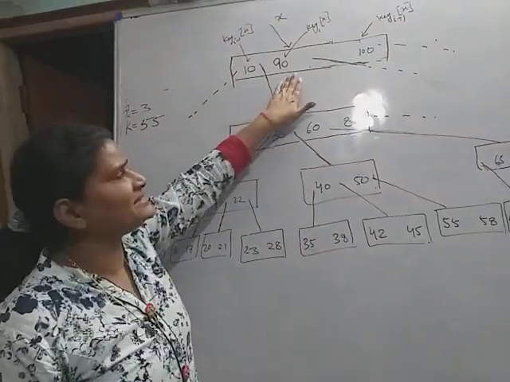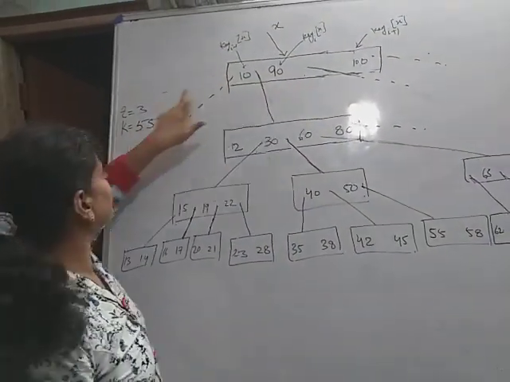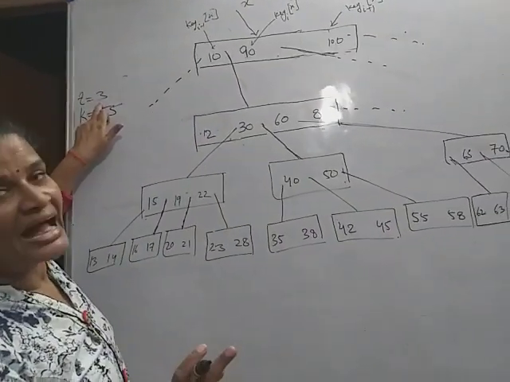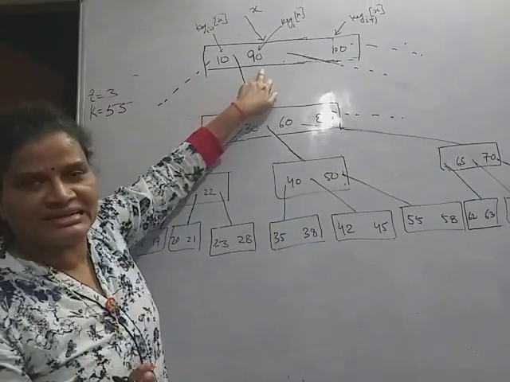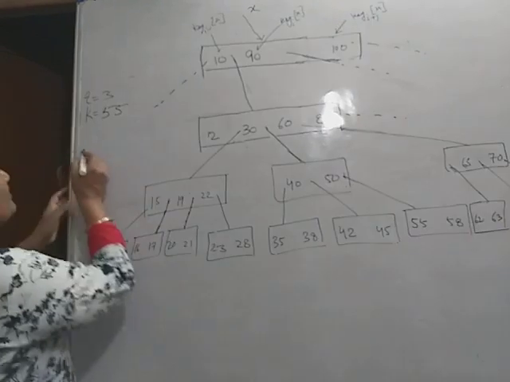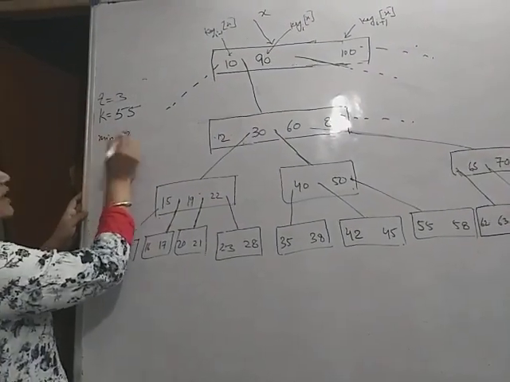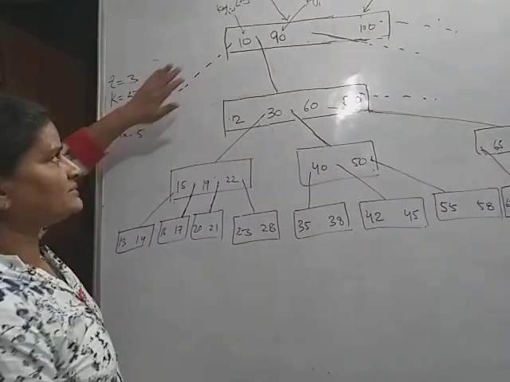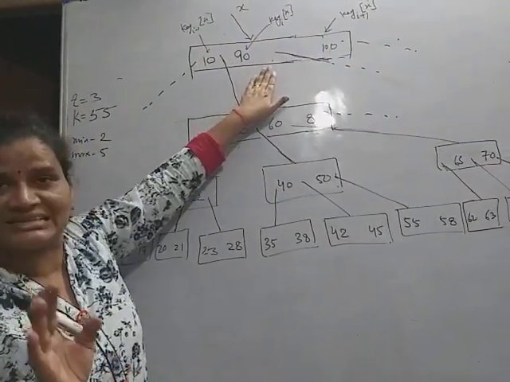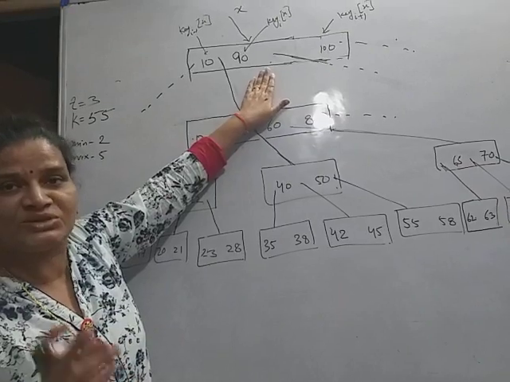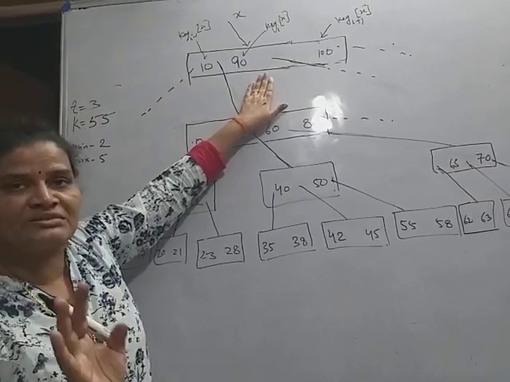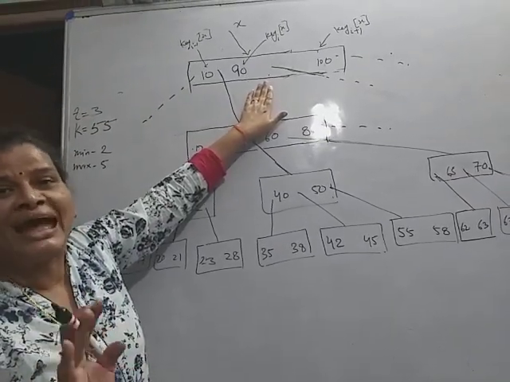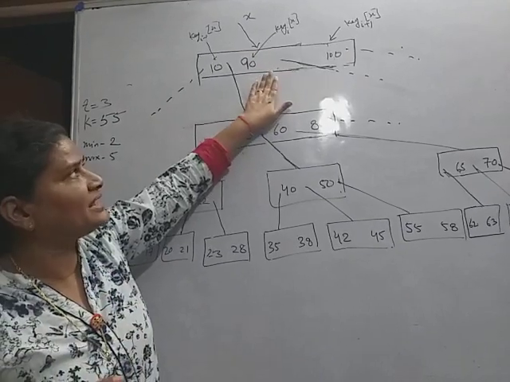The degree of the tree is 3, and it contains 3 keys. The minimum number of keys required is 2 and the maximum is 5. Because x is pointing to this node, x must contain at least t number of keys. So there are 3 keys.